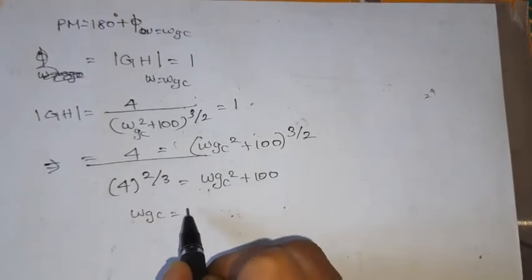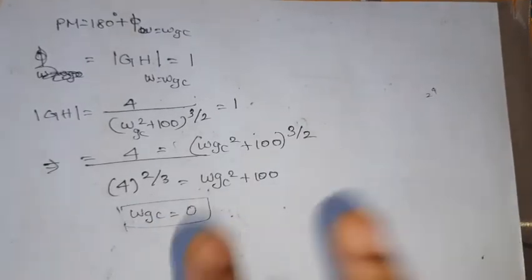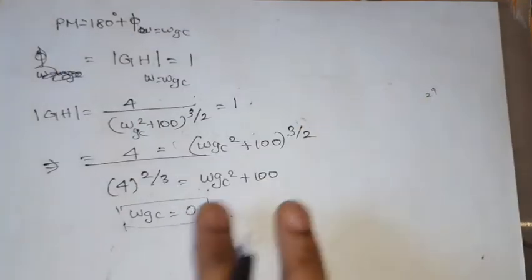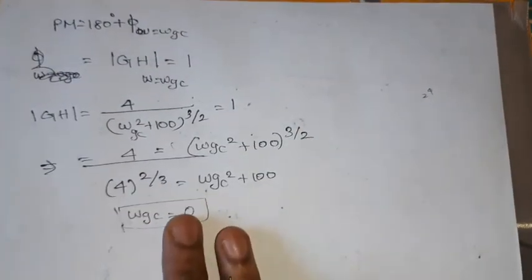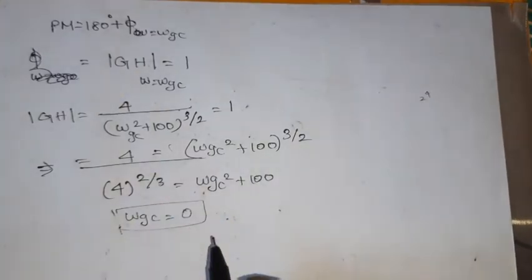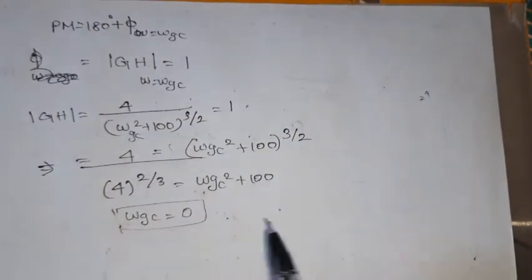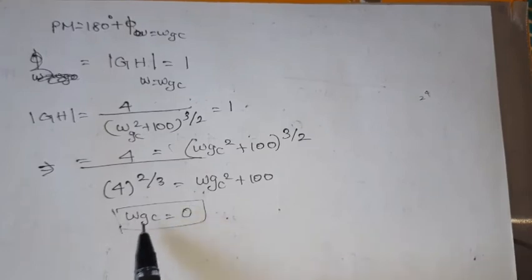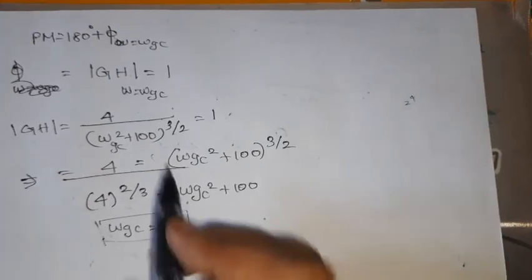If we get omega GC as 0, how do we solve the problem further? Don't get confused, because some mistake was made in the question paper itself, and we are not getting where it is mistaken. So I am just assuming we get omega GC as 0.